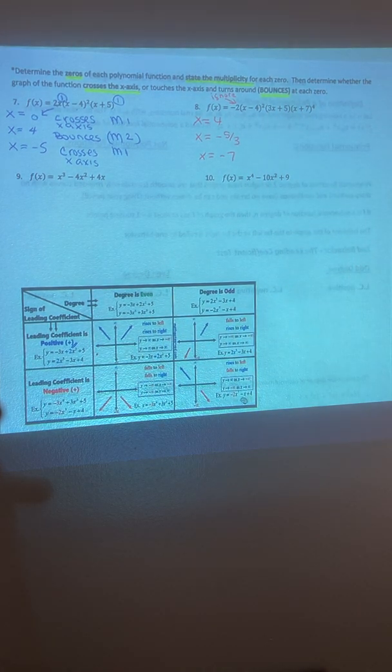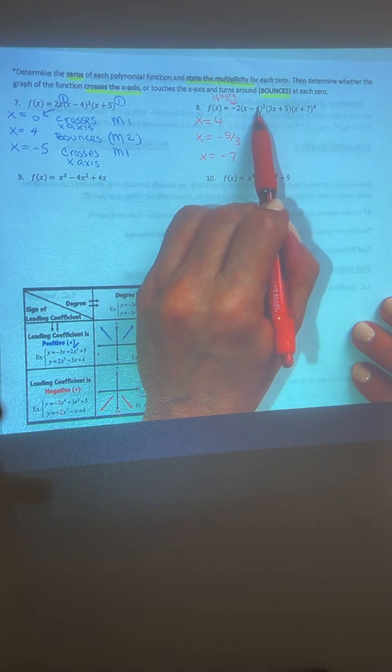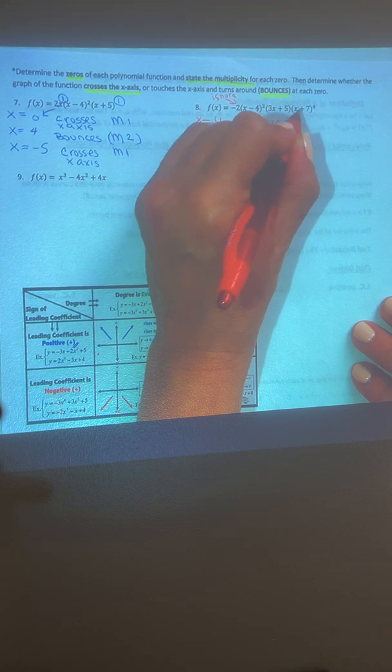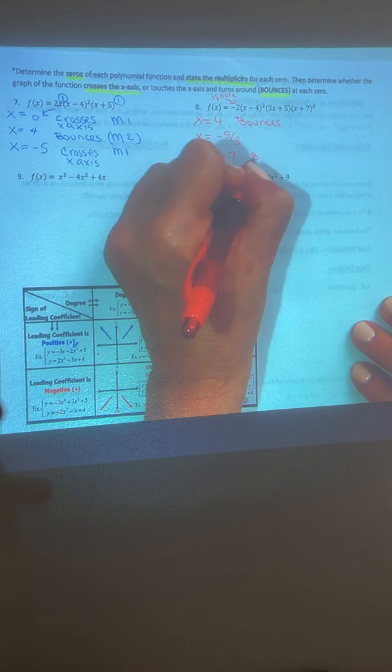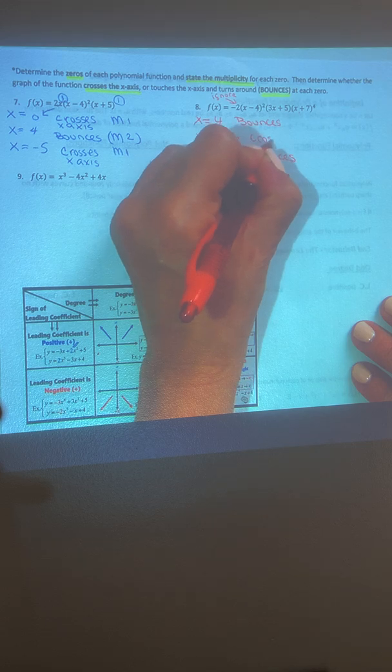Okay, so we're going to decide, again, if it's even, it bounces. If it's odd, it crosses. So here, that's even, so this bounces. Here, this bounces. Here, this crosses.